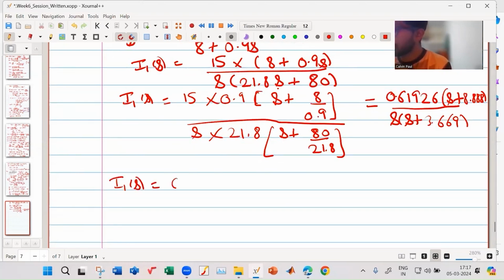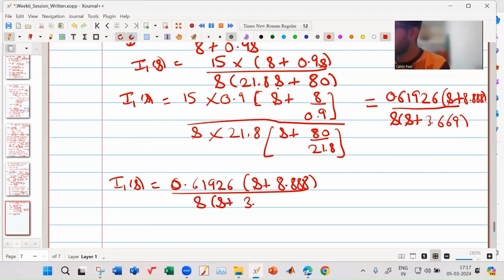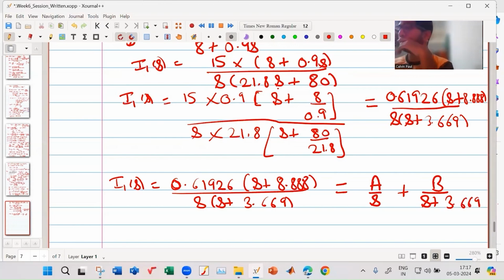I will write it again. It is 0.61926 upon s plus 8.888, upon s plus 3.669. So now I will write this in the form of A upon s plus B upon s plus 3.669.